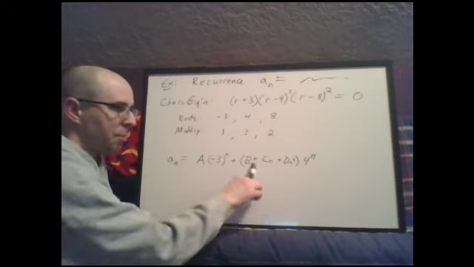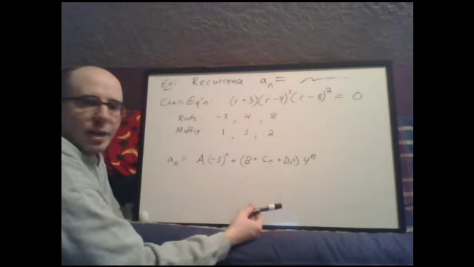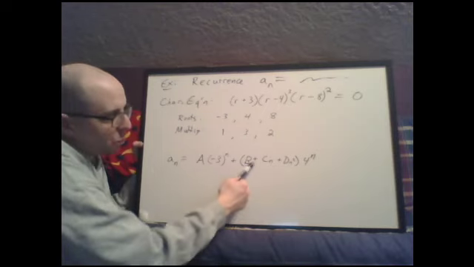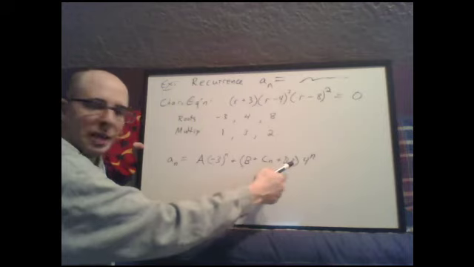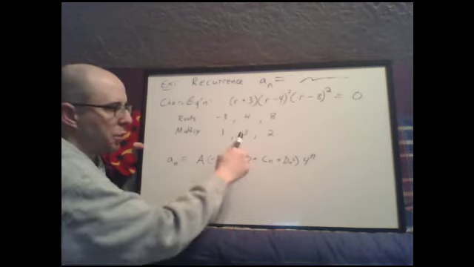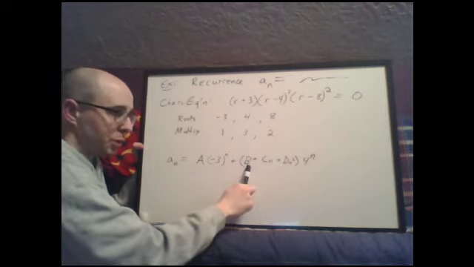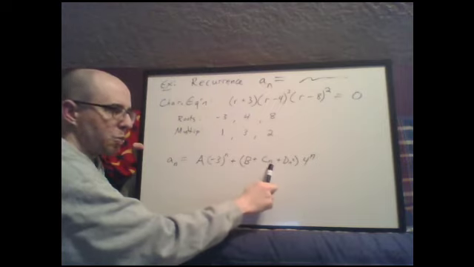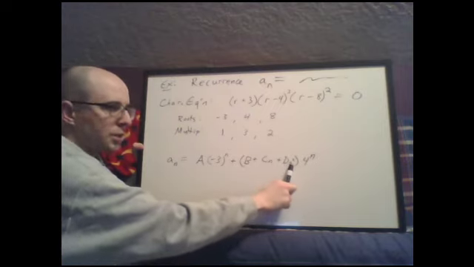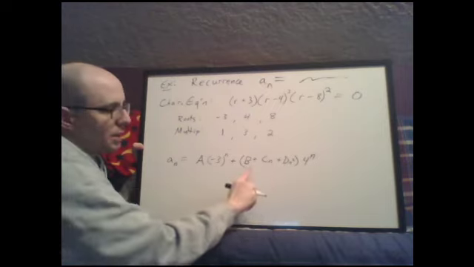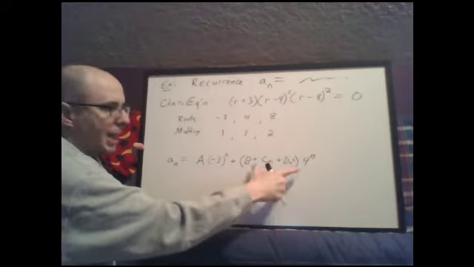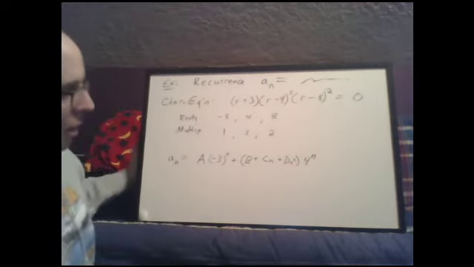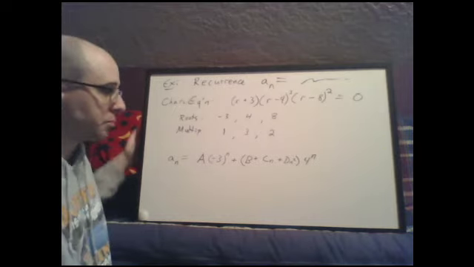And they have to be separated by using different powers of n. So you start with a constant and you work your way up by introducing more and more n's until you have enough. I need 3 total, so I start with a constant with no n's, then I have a constant with an n, then I have another constant with an n squared. That means these are not like terms, so I can't combine them. I can't collapse them down to be a single constant.